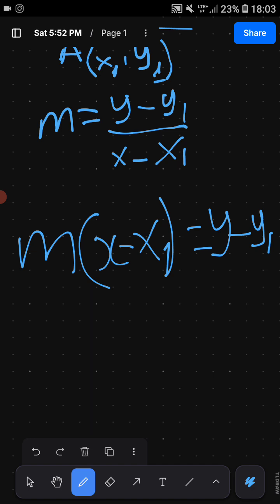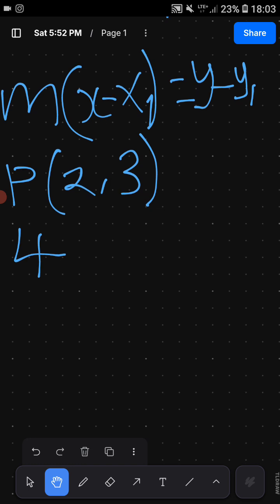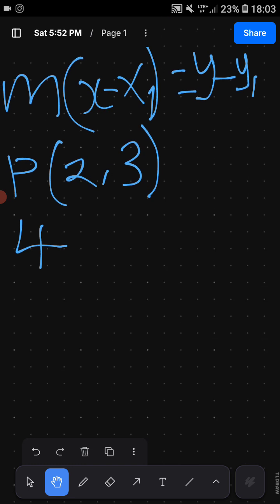Let's say we have a line segment which has an arbitrary point P with coordinates 2 and 3, and the slope of the line is 4. Let's use this to derive the equation of this line.